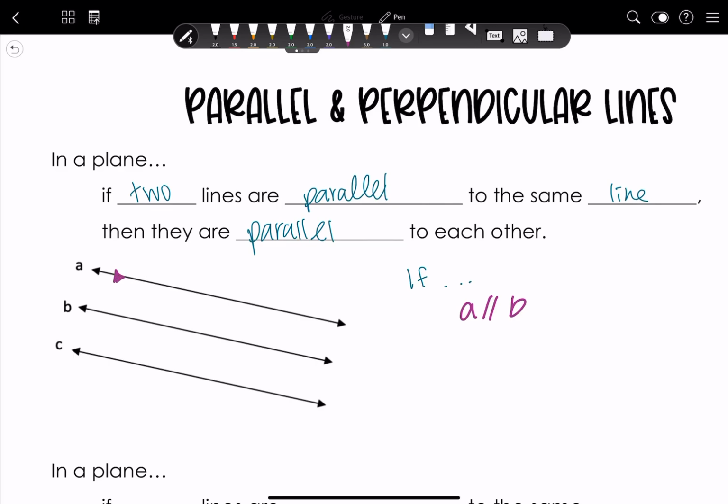We're going to draw our arrows. Now you can draw them closed in like this, or you can draw them like this. I typically like to do it closed in because otherwise it just looks like weird twos. Right? And B is parallel to C.